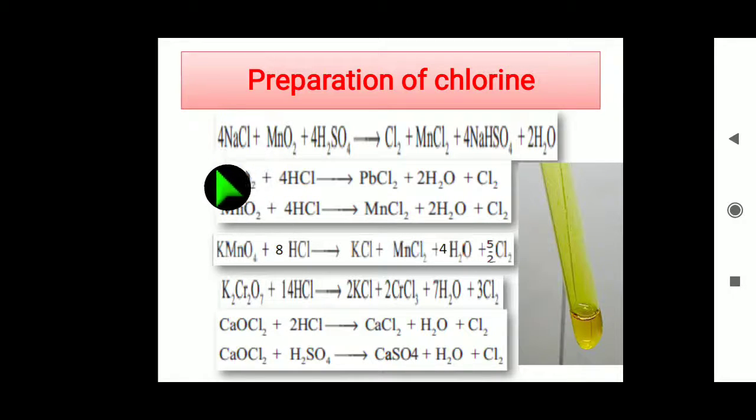Okay, these are the oxidizing agents. When they react with hydrochloric acid, we can get the chlorine gas. So in each reaction we can get the chlorine gas. Okay, all are balanced equations.